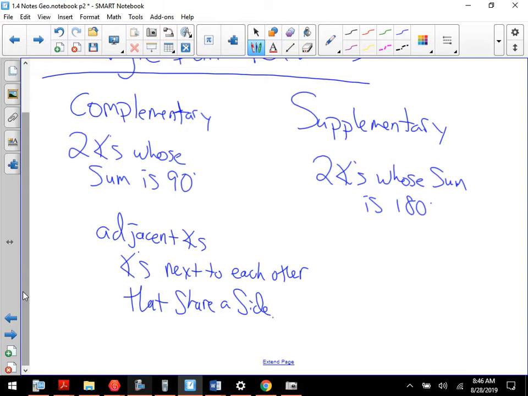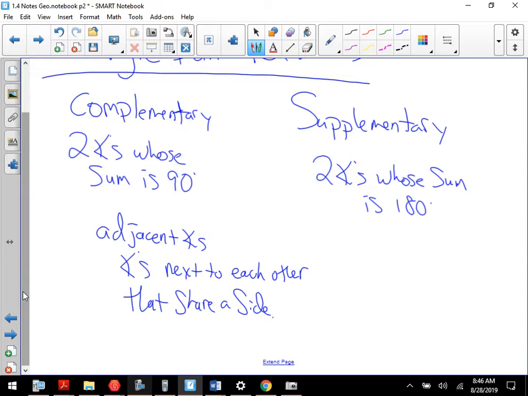Okay. Complementary and supplementary angles don't necessarily have to be adjacent to one another. I can say that angle 1 is 30 degrees, and angle 2 is 60 degrees.